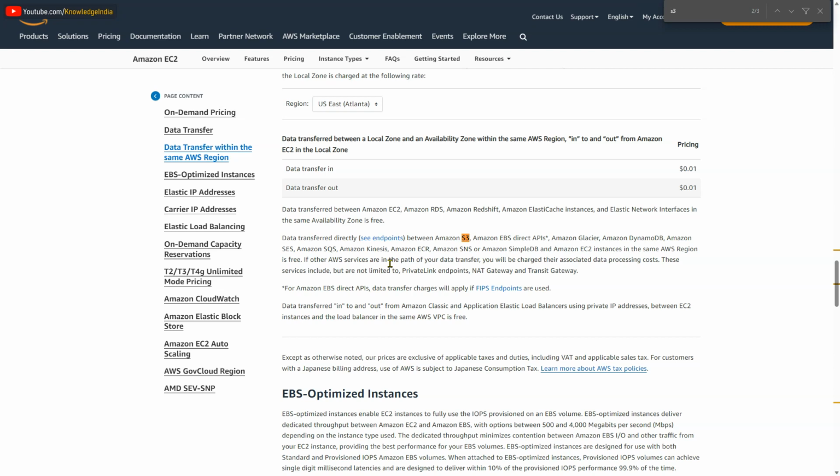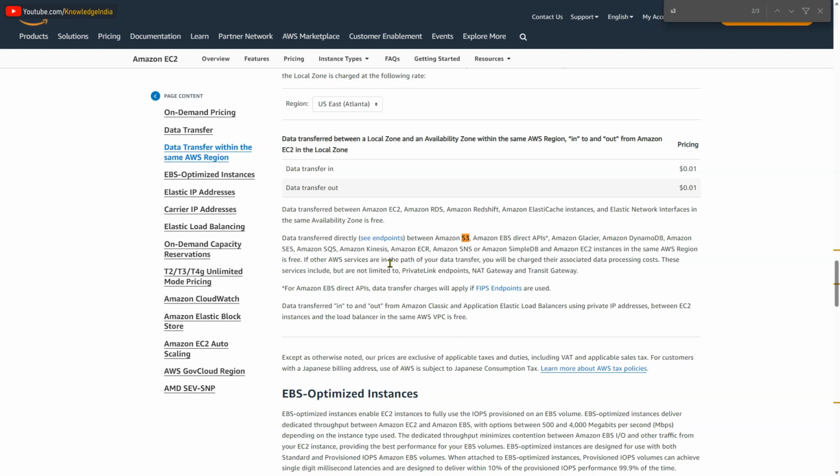And that's why many times people keep their data files in an S3 bucket. Any sort of big data files they have, they will keep on S3, and they can transfer those files to EC2 instances in any availability zone within a region and do the processing, and still they do not incur any data transfer charges.